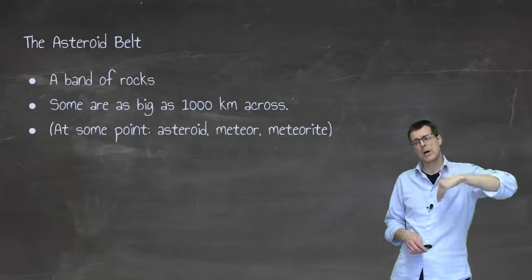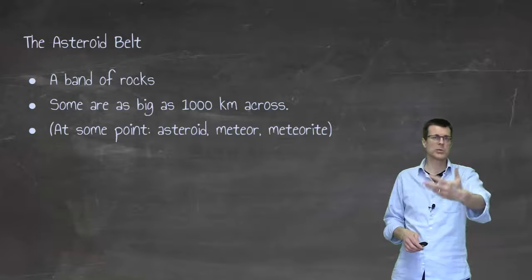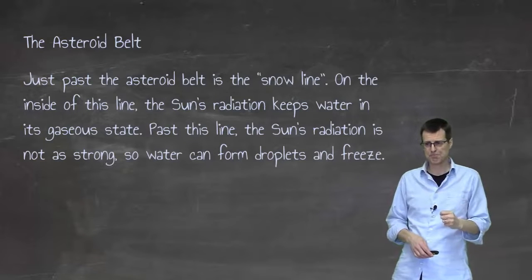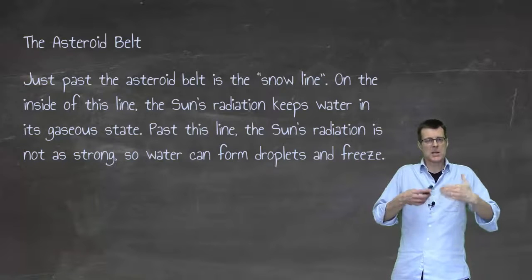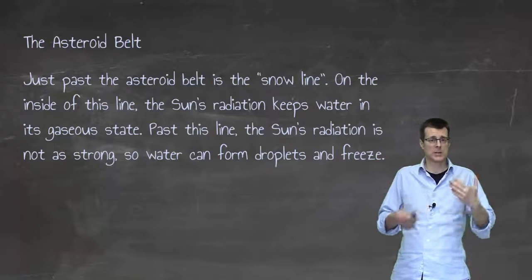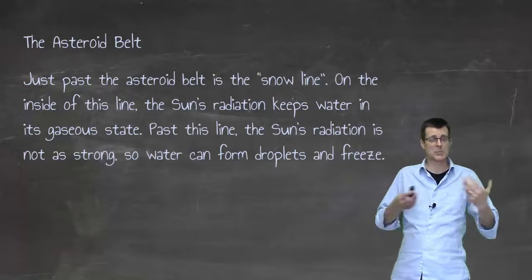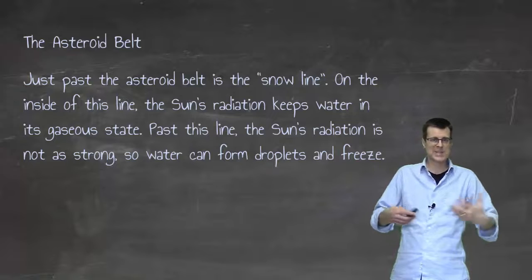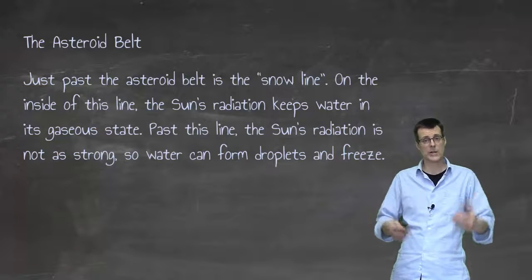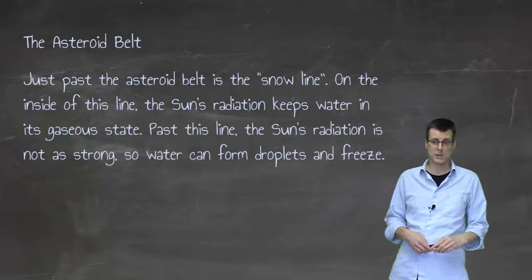But beyond that, there's what's called the snow line. On the inside, it can be warm enough from the sun that the water can melt and be a gas. It can be a liquid. Beyond that, any water that exists would never be a liquid or a gas. It would only ever be a solid.